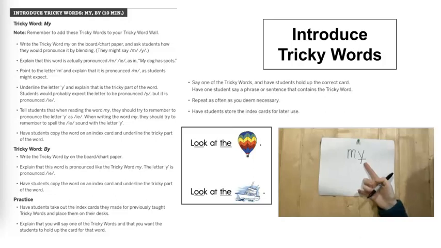It's pronounced I. When we read the word my, try to remember to pronounce the letter Y as I. Also, when you write the word my, try to remember to spell the I sound with the letter Y. Let's read the word, everybody. My. Now, write the word my on your index card and underline the tricky part.